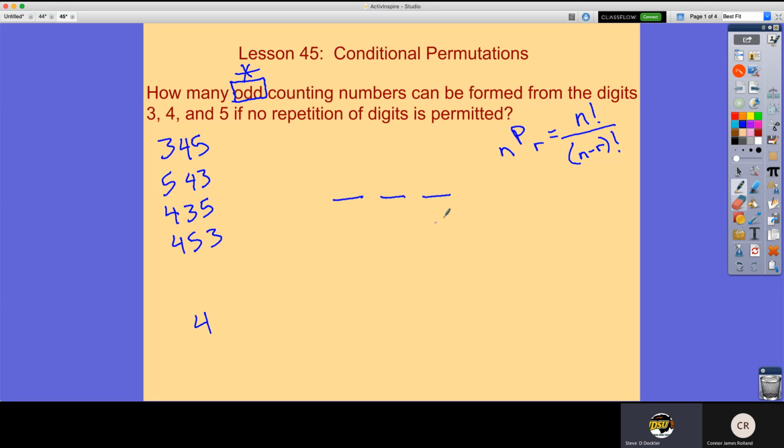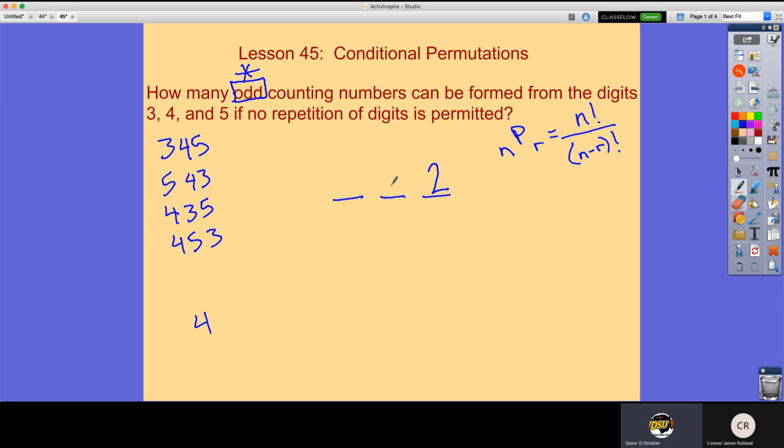How many odd numbers do we have in our list? We have 2 of them, so we're going to fill this in first. Normally, we start from the left and go to the right, but this time we have to start with what's most important. Okay, now we can either go to this number or this number at this point. It doesn't matter which one. Okay, say we pick a number that it falls in here.